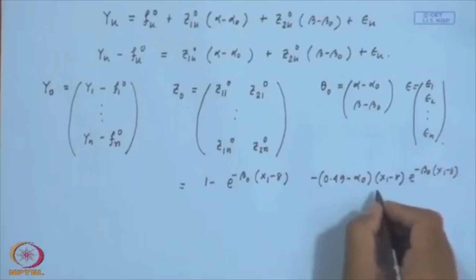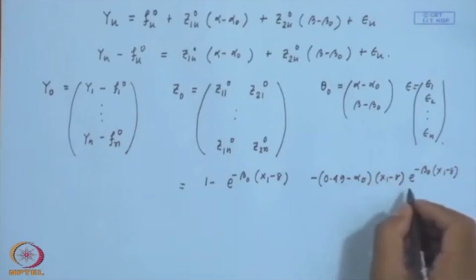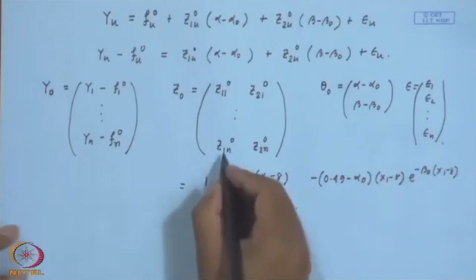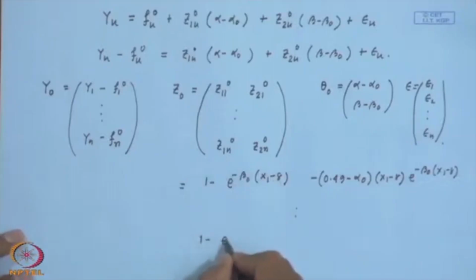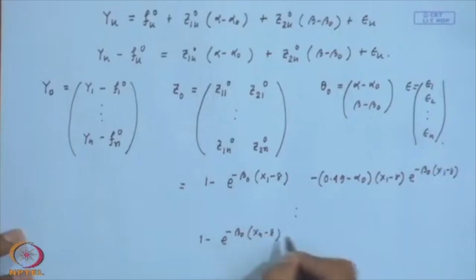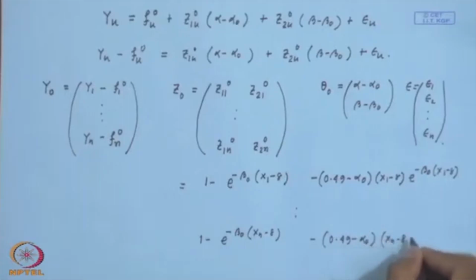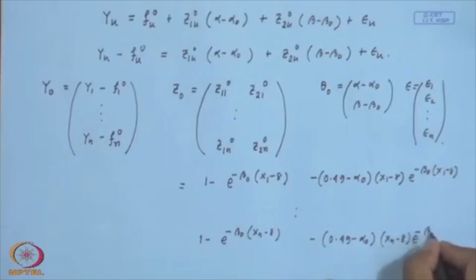So, you can see that this is the derivative of the function f with respect to beta at the point alpha naught, beta naught. Similarly, this one is 1 minus e to the power of minus beta naught xn minus 8, and this one is minus 0.49 minus alpha naught, xn minus 8, e to the power of minus beta naught xn minus 8.